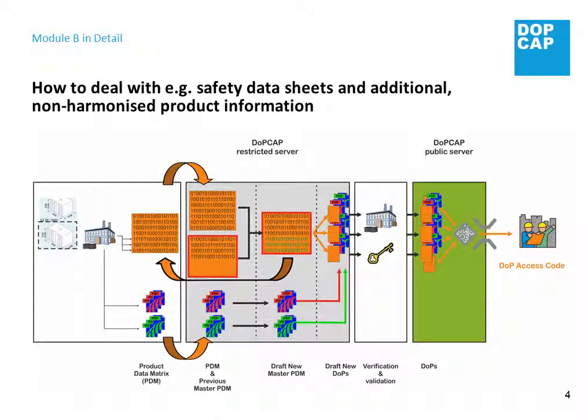Well, in principle, the process works as before. The main difference, however, is that since the platform for the time being is not designed to create, for example, safety data sheets or to create voluntary information like environmental product declaration and other stuff, this kind of information will need to be provided as PDF files by the manufacturer.